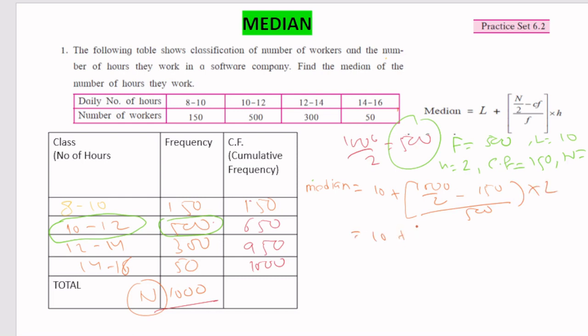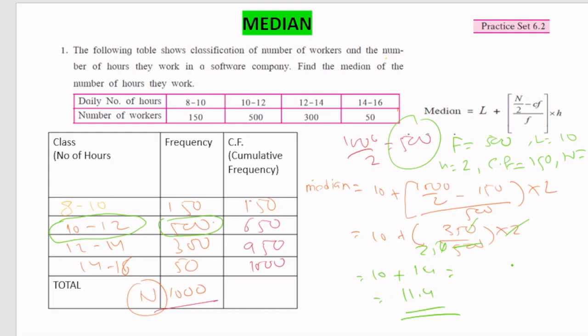So 10 plus 500 minus 150, I can write directly 350, divided by 500, into 2. Here 2 will get cancelled, it will become 250, the zero in 10 will go, so it becomes 35 divided by 25. So this is nothing but 1.4, and your answer will be 11.4. 11.4 is your median. Isn't it very simple?